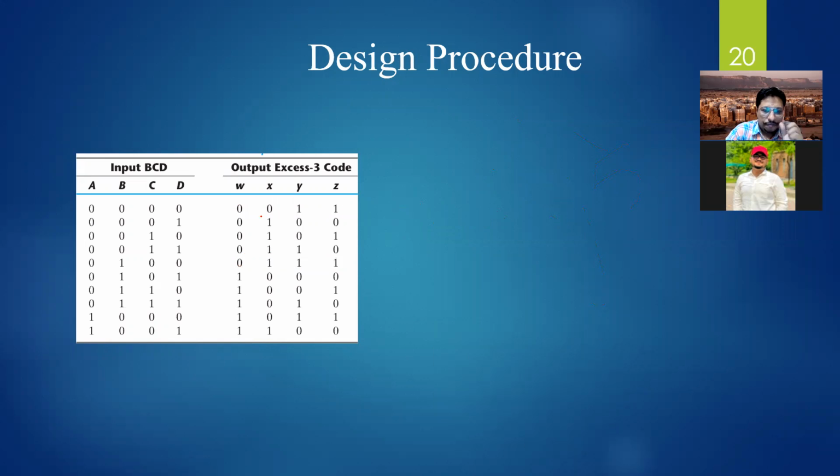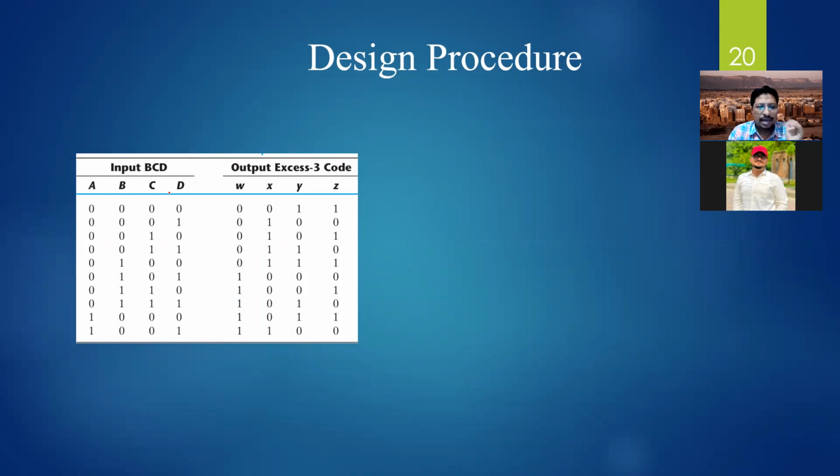Again, now I'm talking about this. If I have any bits and I want to transform my BCD to XS3, I will keep 2 or 3 steps in mind.